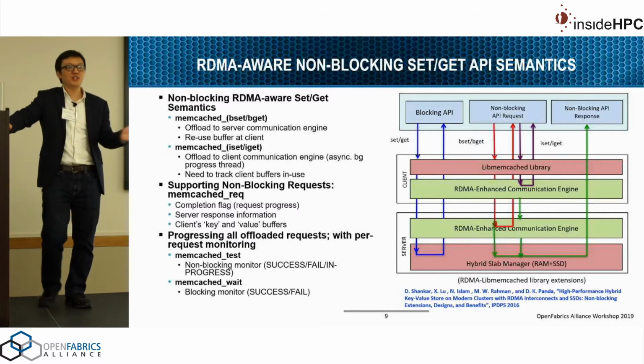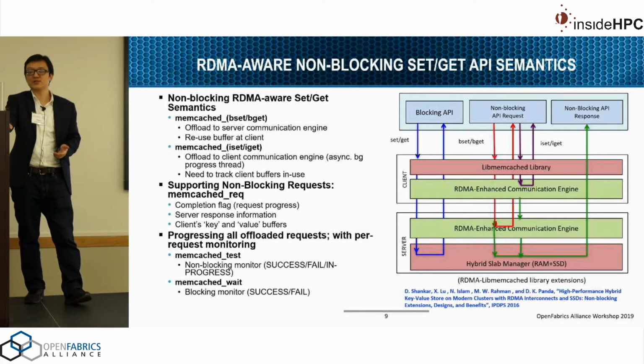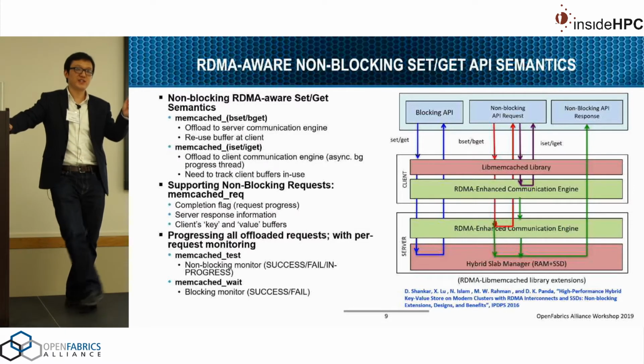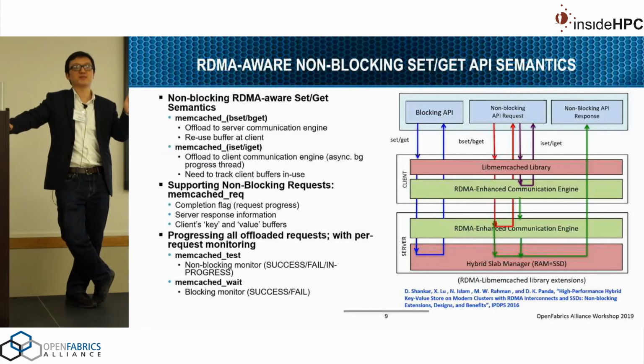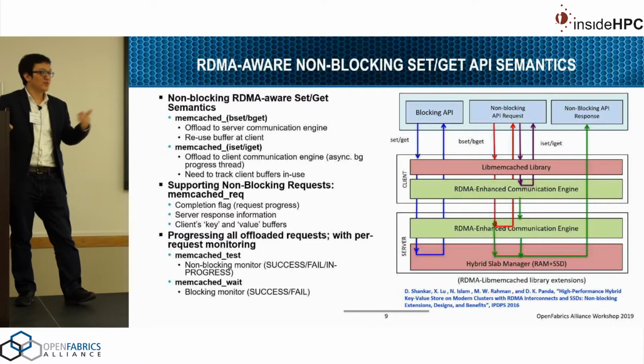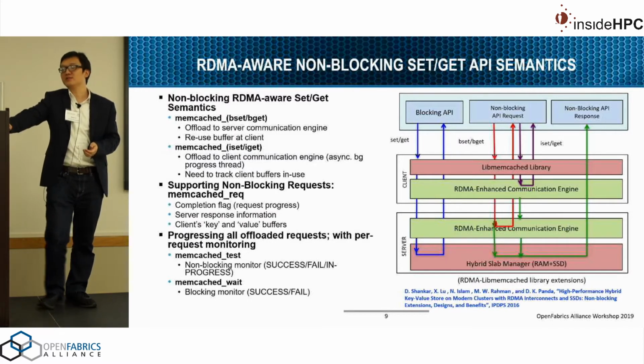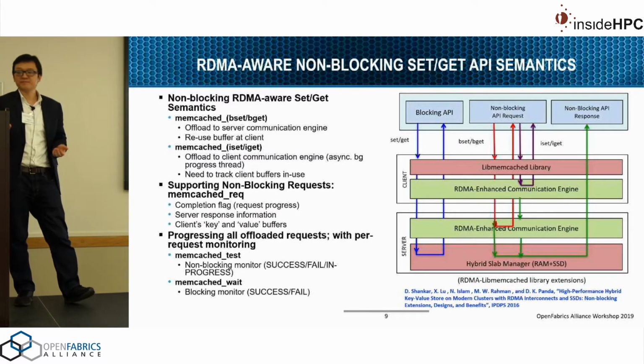But if you have SSD or persistent memory as the backend storage for key value stores, then the time to access persistent memory or the SSD is much slower than DRAM, right? In that case, if you're still waiting for the request to come back, then your performance will significantly degrade, right?